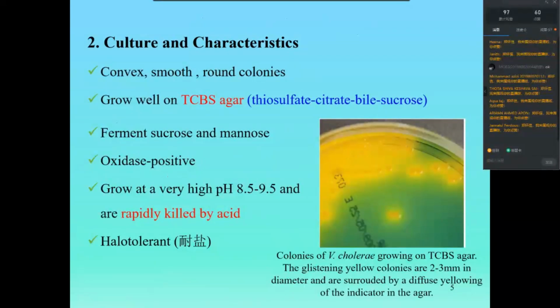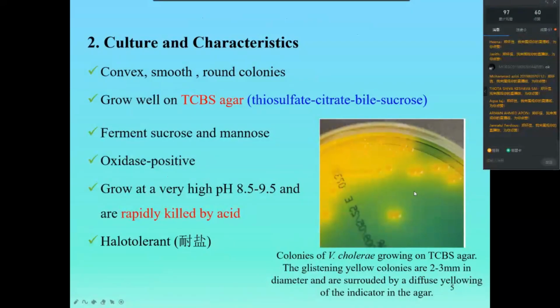And when you culture the bacteria on agar, on solid medium, they form convex, smooth, round colonies like this. And they grow well on TCBS agar. TCBS agar is a special medium designed to distinguish Vibrio cholerae.